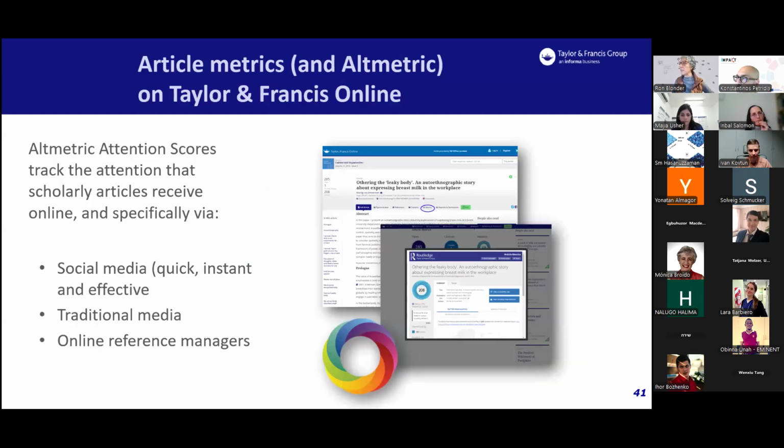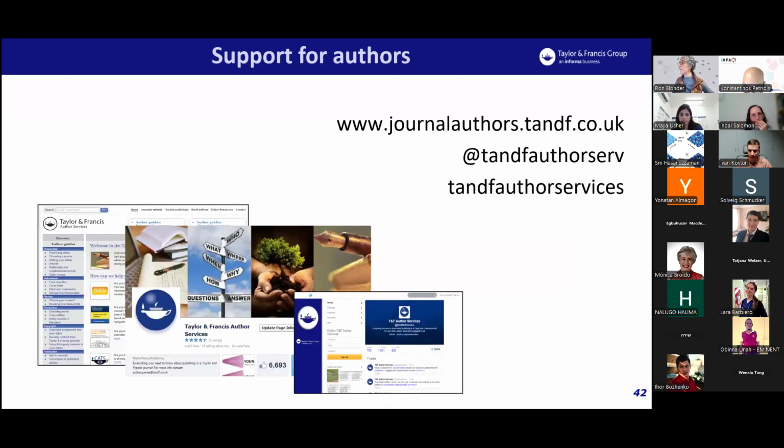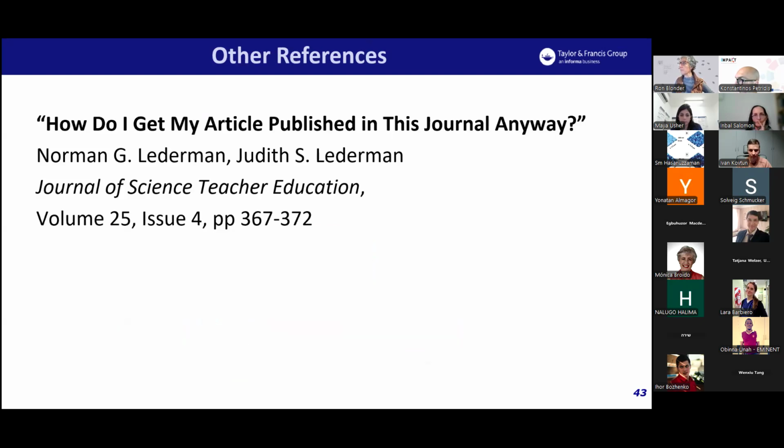And here you can see the score of your paper, how many people saw it, how many people tweeted, and so on. In this way, you can learn about the impact of your paper. And also in most of the journals, there is a support team that can help the authors if they have questions before they submit or during the submitting, use this support team.